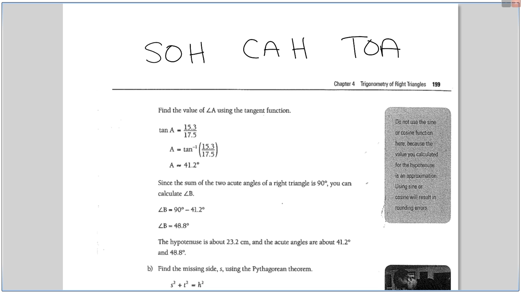So just like the IRS stands for something like Internal Revenue Service in the United States, or the FBI, the Federal Bureau of Investigation, SOHCAHTOA is similar to that. Sine is the op divided by the hype. Cos is the adj divided by the hype. And tan is the op divided by the adj. So everybody can remember SOHCAHTOA.